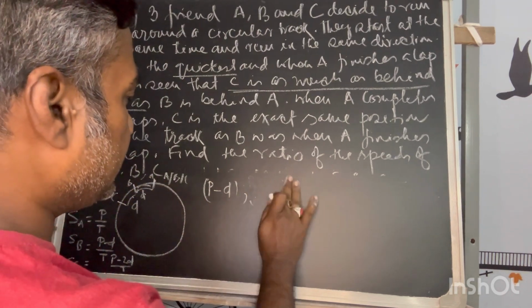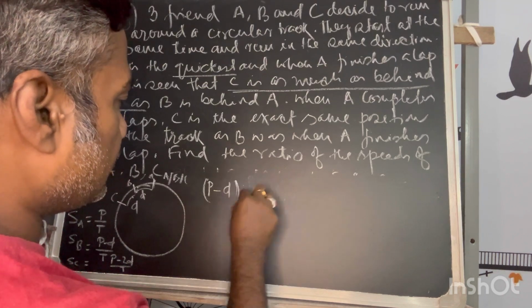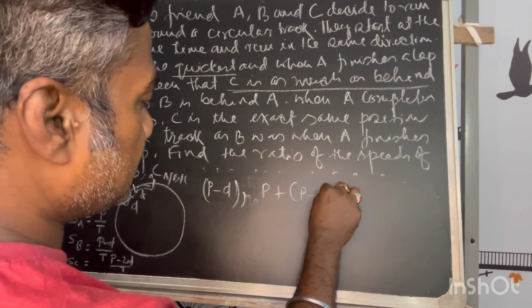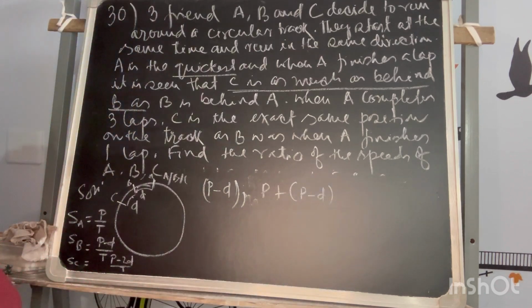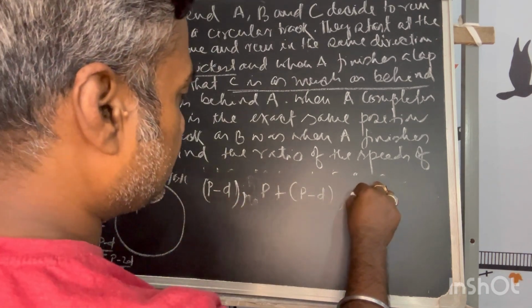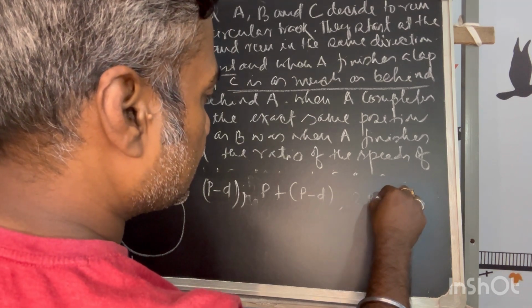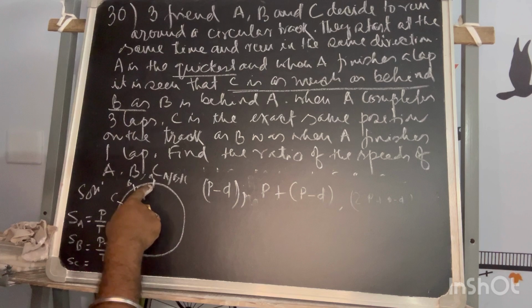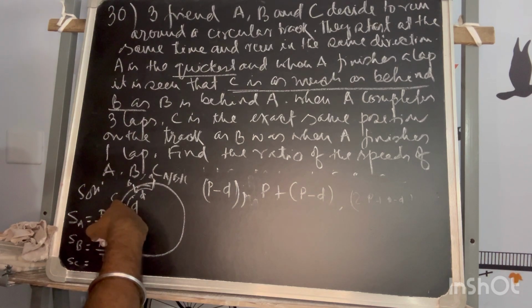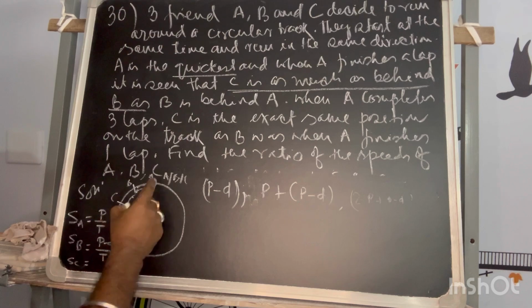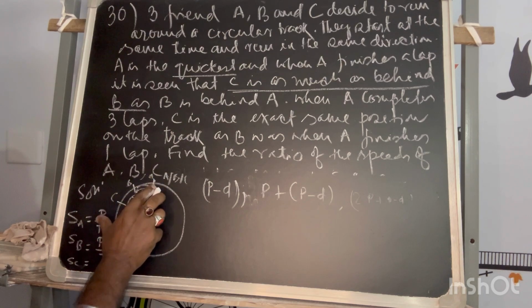So how will I get this? Completing 1 lap plus P minus D, he might reach B's position again. Is it possible to get another lap and P minus D? It is not possible, because C is already 2D apart in the first lap, so that gap will increase.